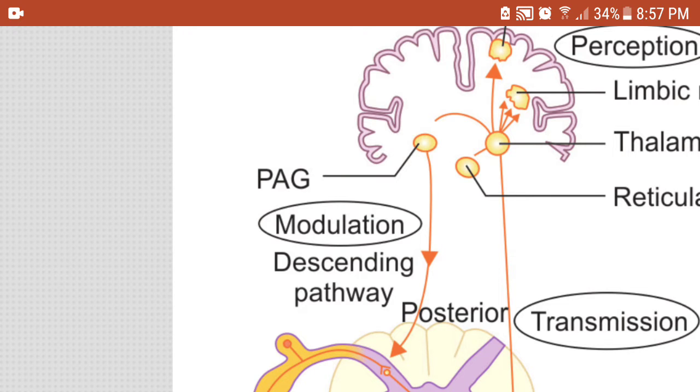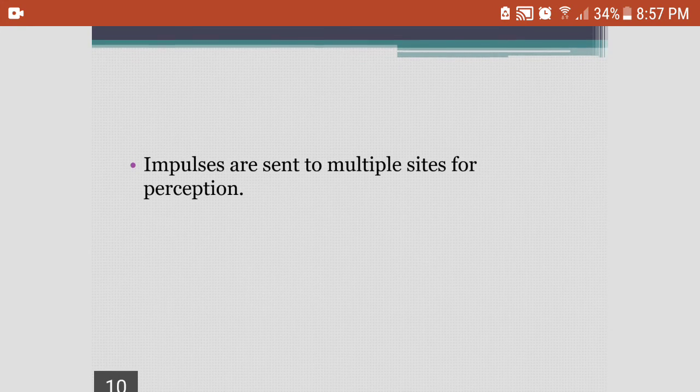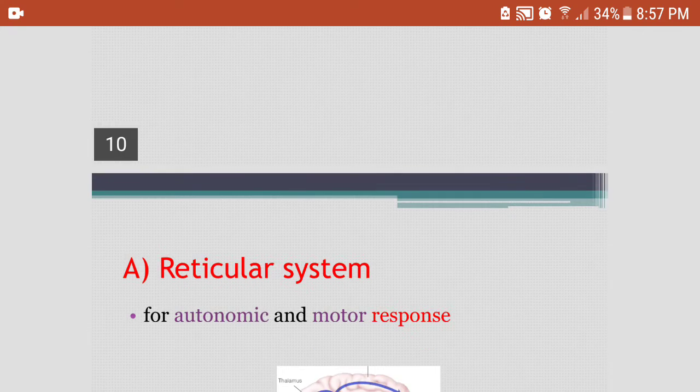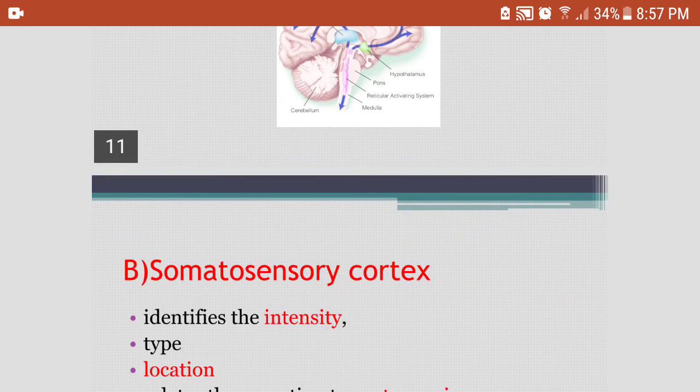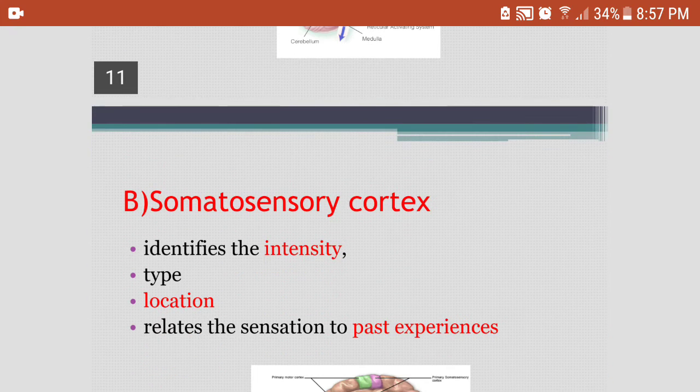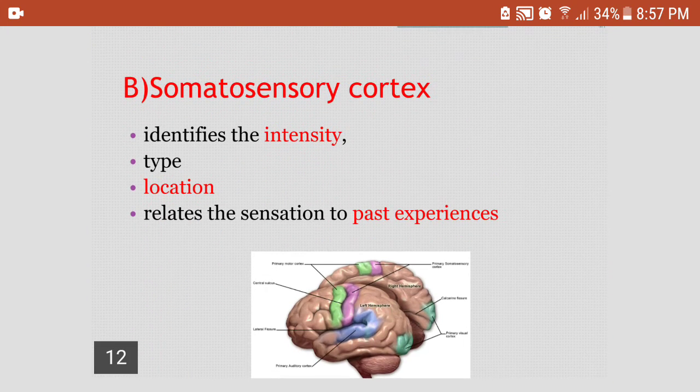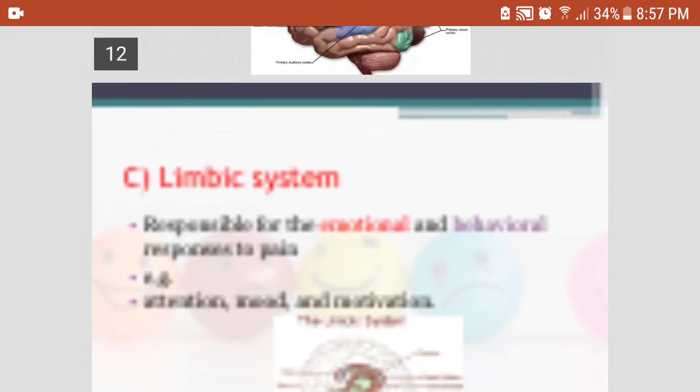Modulation is inhibiting the pain. So perception happens at 3 sites: the reticular system, the somatosensory cortex, and the limbic system.